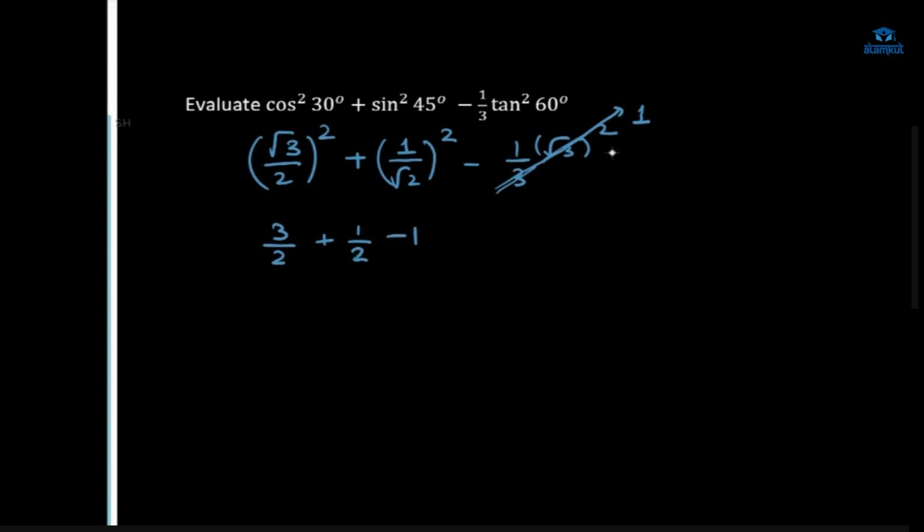It is not 0 that you will not write. Fine. Don't forget to write this minus 1. Now you will add 3 plus 1 and so on, that is equal to 1. It will give us 1 as our answer.